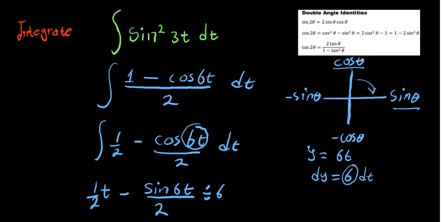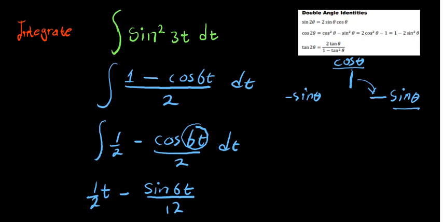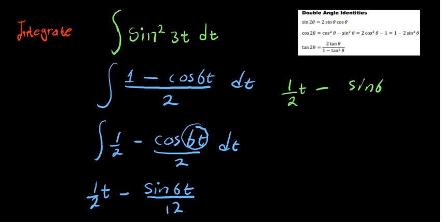So in simple terms, this is just going to be a 2 multiplied by 6, which we know is a 12. Okay, so that is basically what you get as the integral. If we want, we can simplify this and leave it as 1 over 2t minus sine 6t divided by 12, and we can put a 12 here.